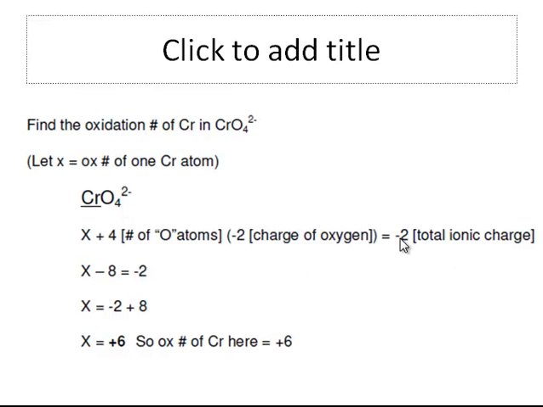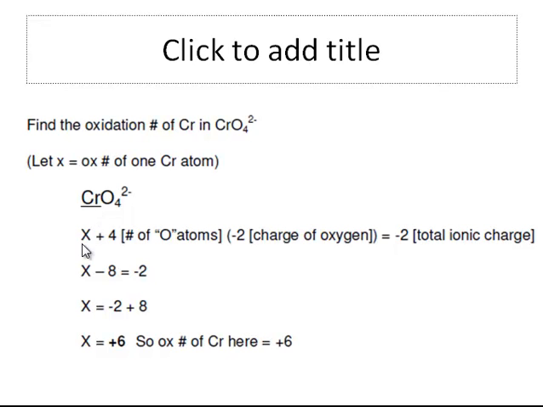Then we know that oxygen has a charge of -2, and there are 4 of those, so we write 4 times -2, plus x for the charge of chromium.